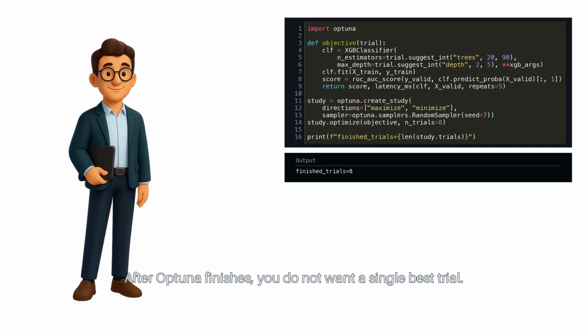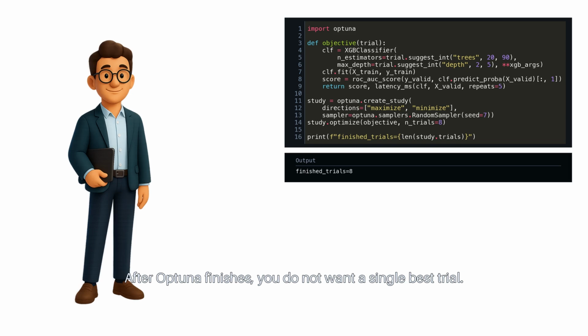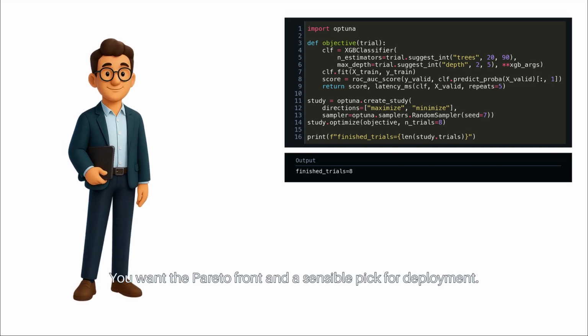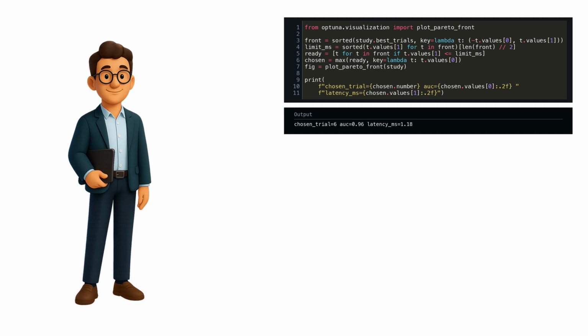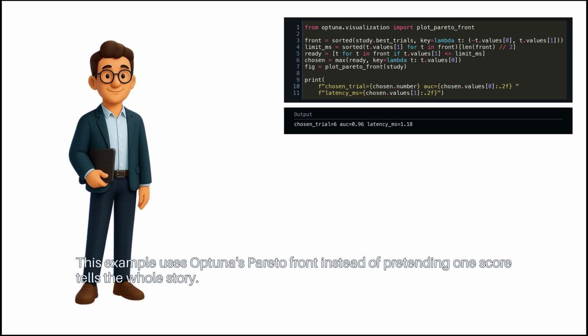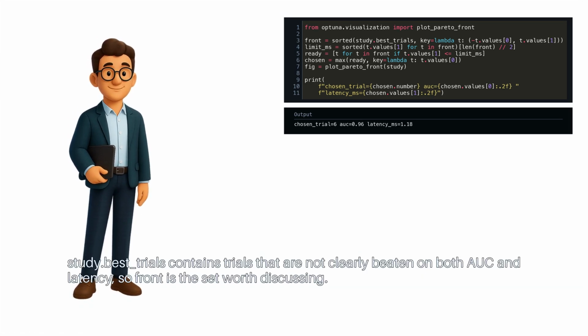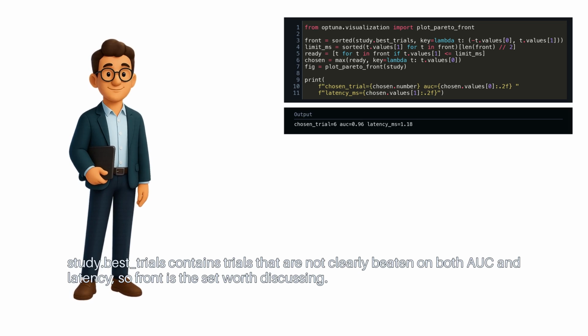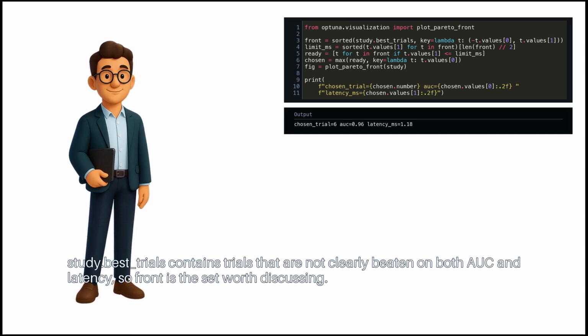After Optuna finishes, you do not want a single best trial. You want the Pareto front and a sensible pick for deployment. This example uses Optuna's Pareto front instead of pretending one score tells the whole story. study.best_trials contains trials that are not clearly beaten on both AUC and latency, so front is the set worth discussing.